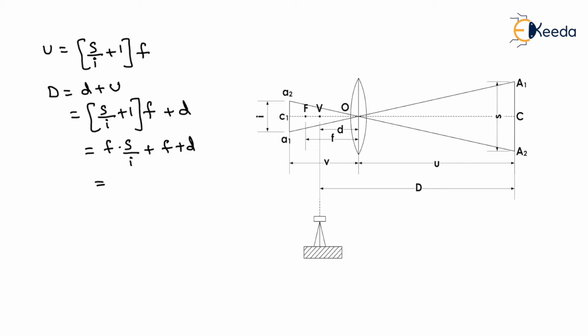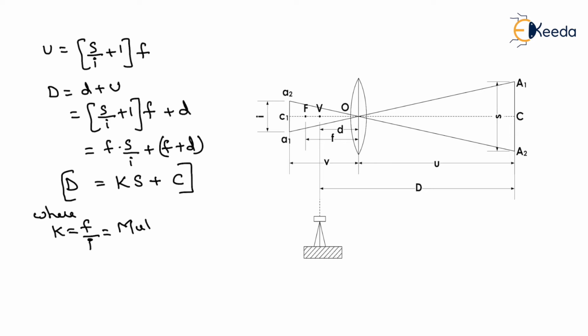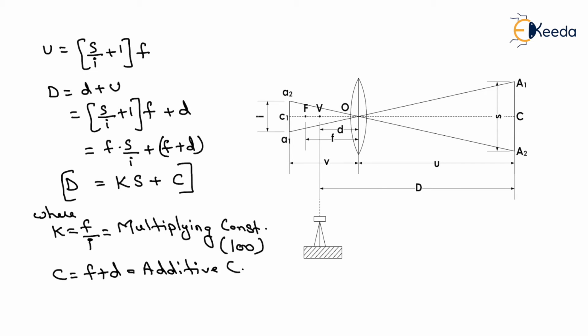Now f upon i is known as k into S, plus f plus d is known as c. So the value of capital D will be equal to kS plus c, where k is equal to f upon i and it is known as the multiplying constant, and its value is generally 100, and c is equal to f plus d and it is known as the additive constant, and its value is generally 0.